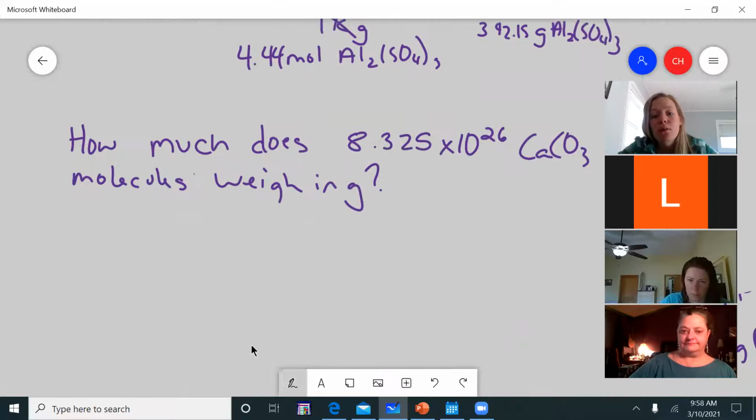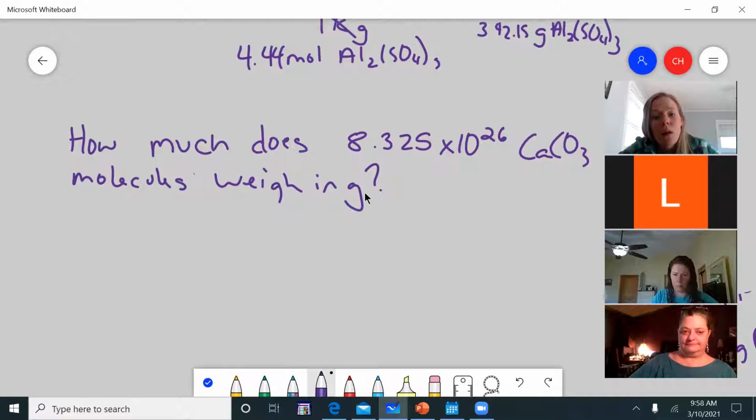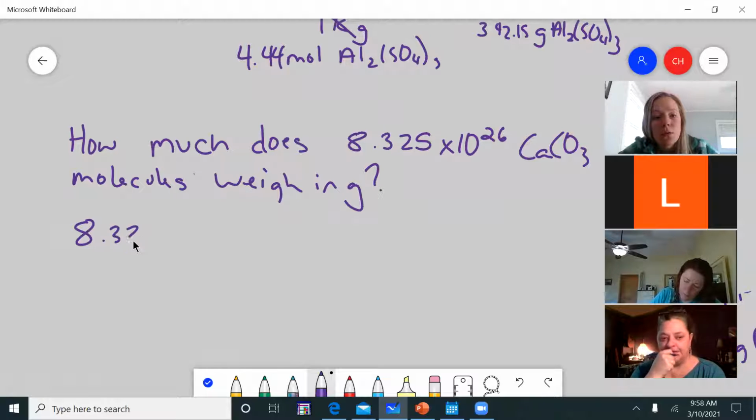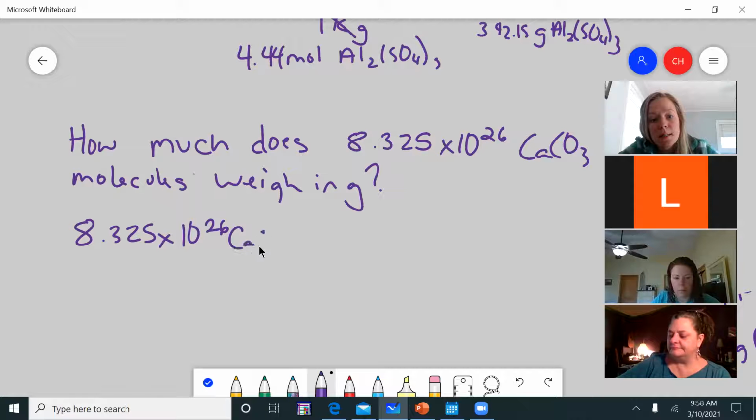If we're going from molecules, we got to first go to moles. There's no way to go directly from molecules to grams. Moles is our chemistry crossroad. So 8.325 times 10 to the 26th CaCO3 molecules. That's what we're starting with.